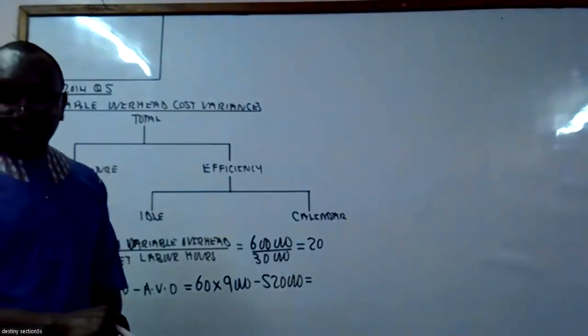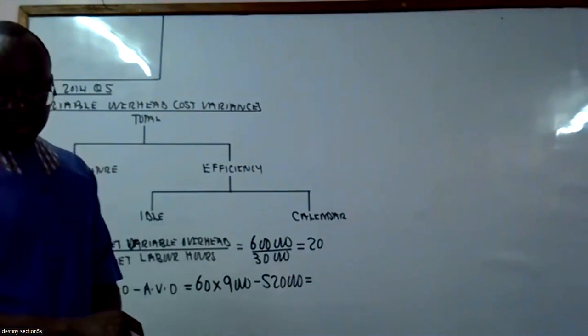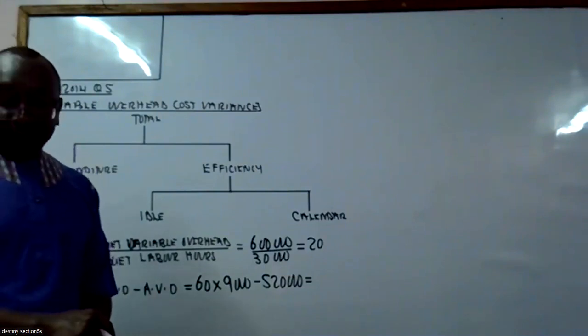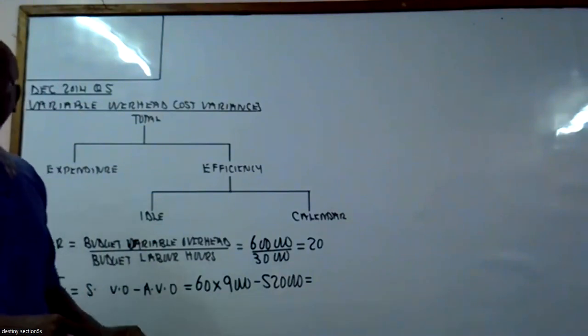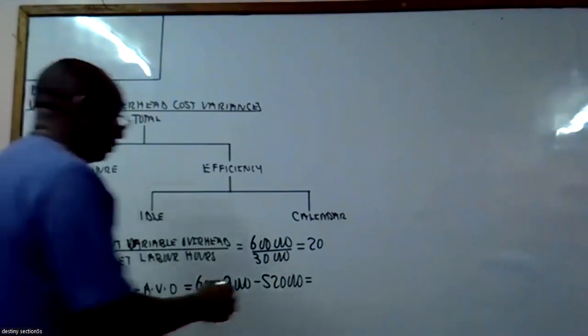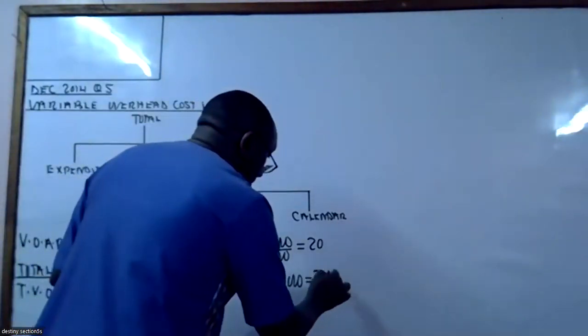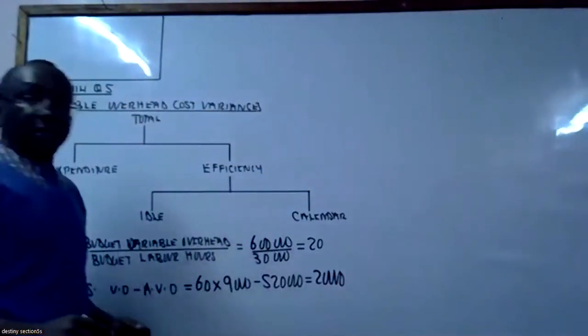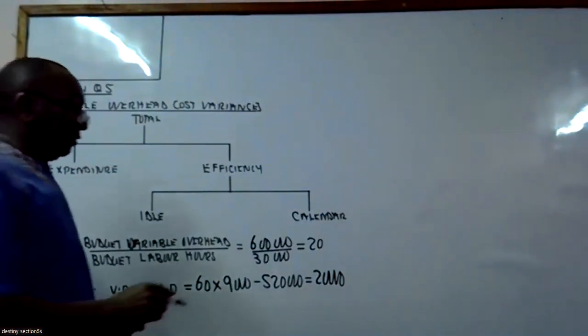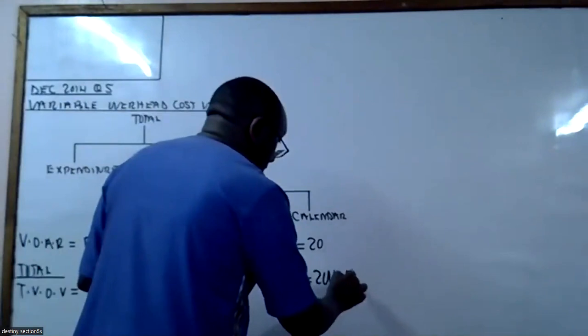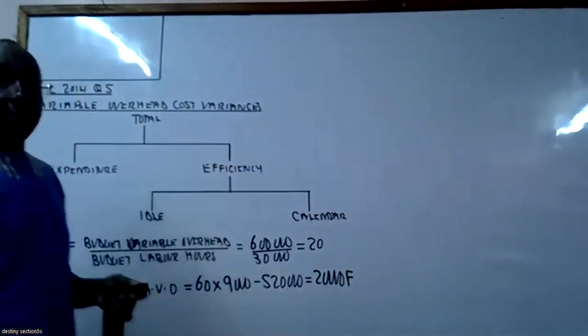Yes, 520,000 we have taken from the actual results, information number 3, Abdurrahim. You can see it down there. So we have 20,000. And this 20,000 is favorable.